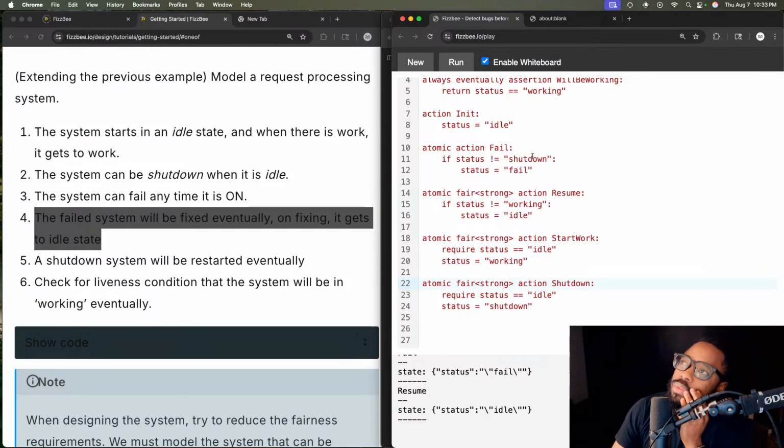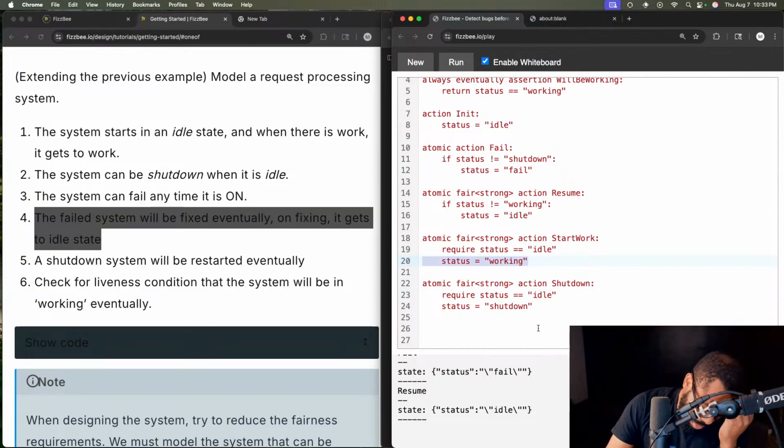So idle, fail, idle, fail, idle, fail, idle, fail. So idle, fail, fail. Well, eventually you'll have to go into working. Okay, let's say you did that.